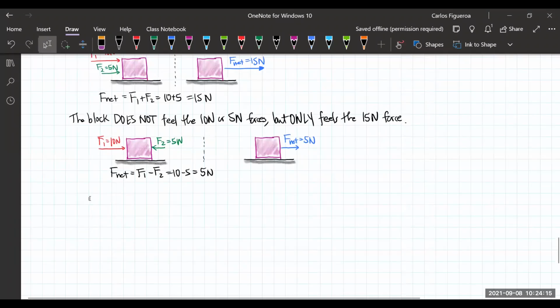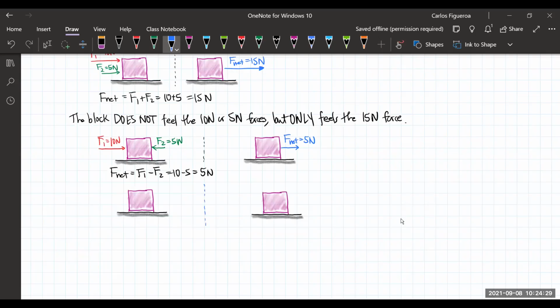I can do a very similar situation that looks something like this. Now I have a force that's 10 newtons. Now I'm going to have a different force, let's call it F3, that's 10 newtons going to the left instead.